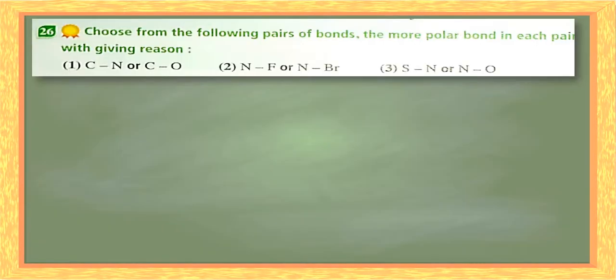Okay, question 26. This is the last question of our group of questions today. Choose from the following pairs of bonds the more polar bond in each pair, giving a reason. We have here carbon and nitrogen, carbon and oxygen. The more polar is the one with the higher difference in electronegativity.